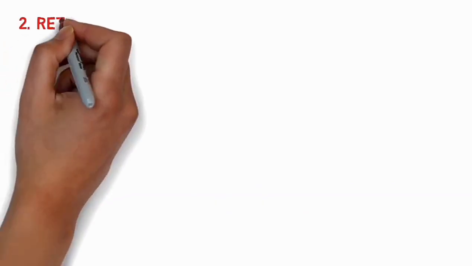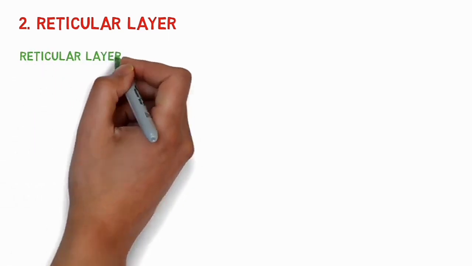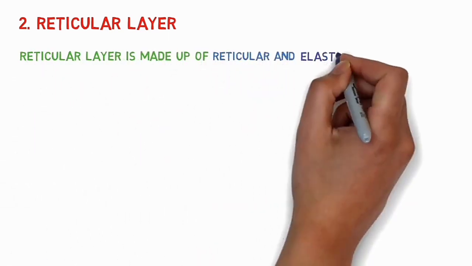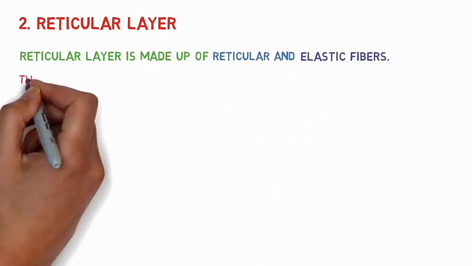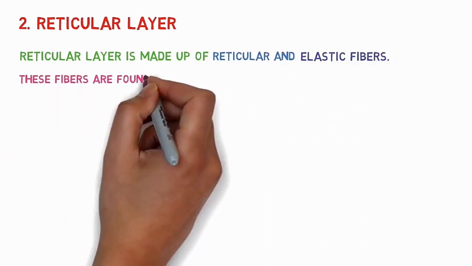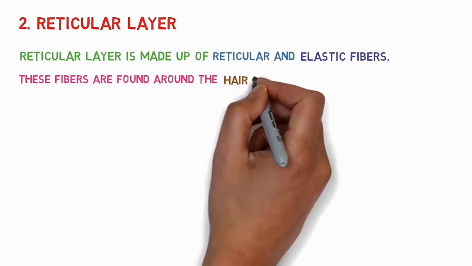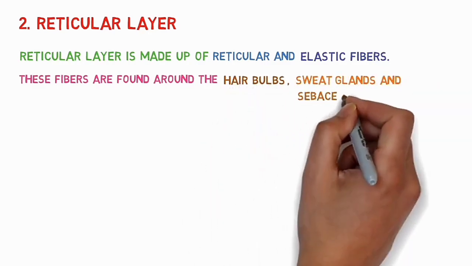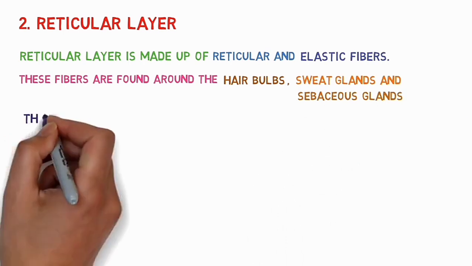Now, second, reticular layer. Reticular layer is made up of reticular and elastic fibers. These fibers are found around the hair bulbs, sweat glands, and sebaceous glands.